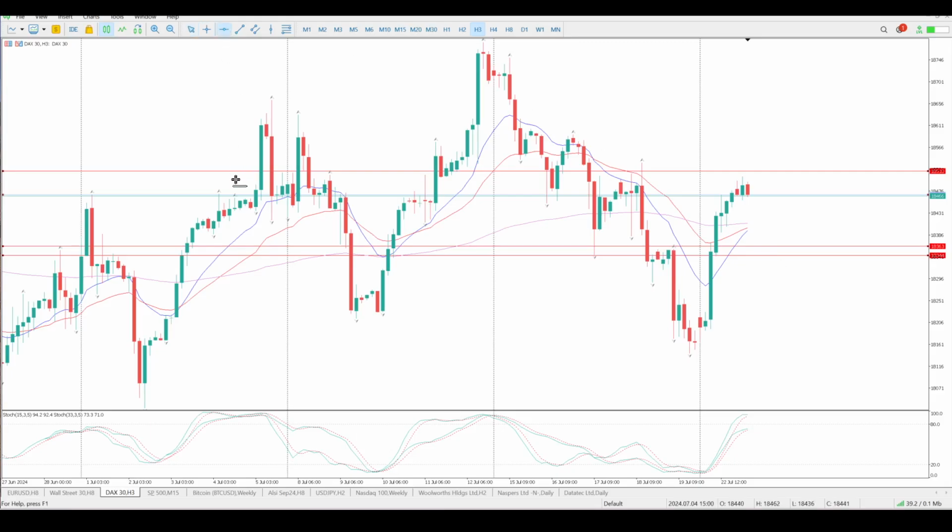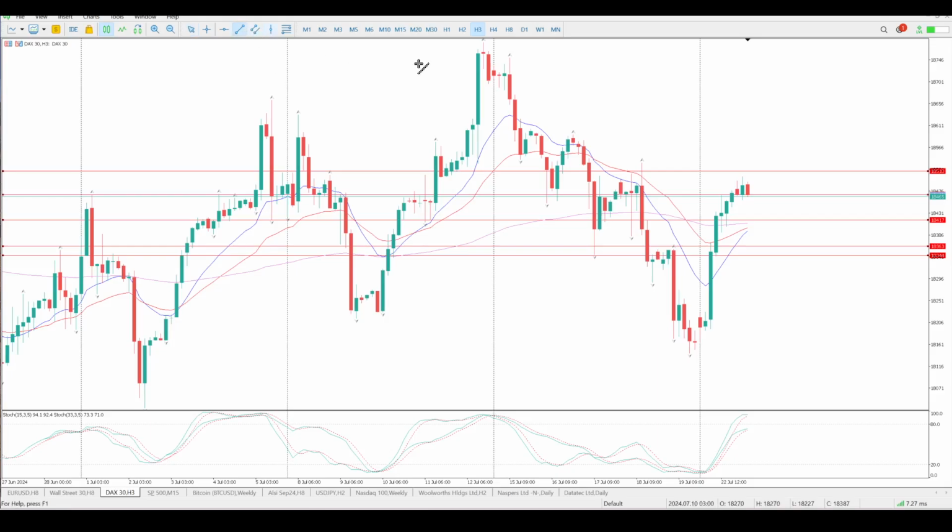From a 3-hour perspective, there are multiple areas where you would possibly find support. We're at one at the moment, and that is 18,469. Then we have 18,417, 18,400, 18,360, 18,340. Those are all the areas that we could find ourselves coming back to.